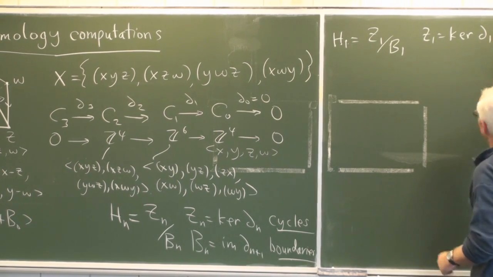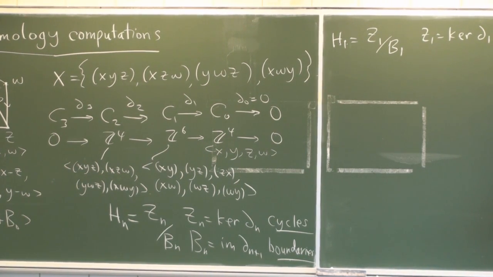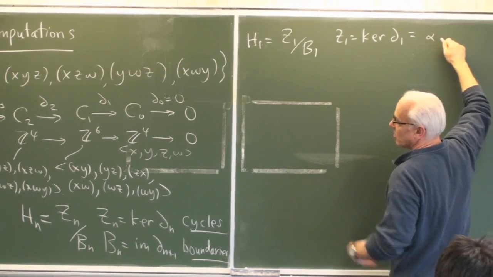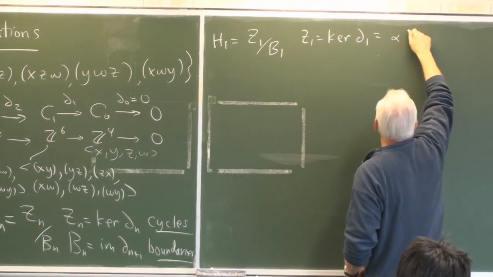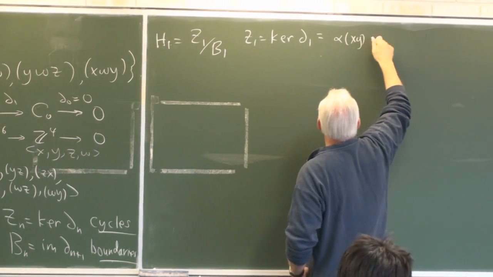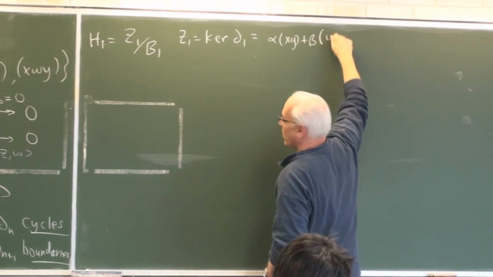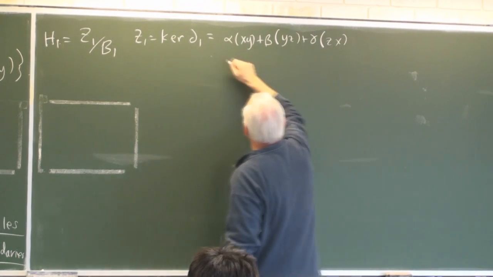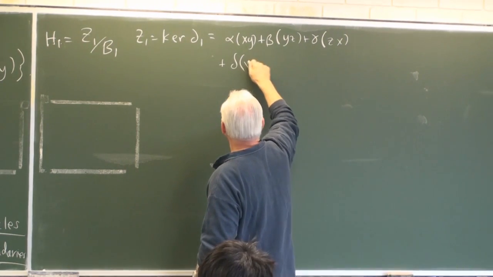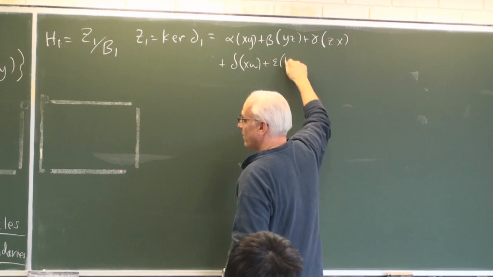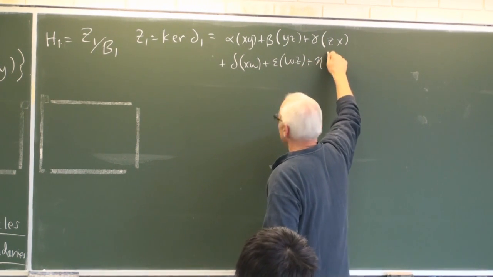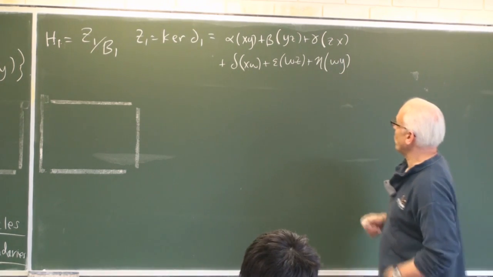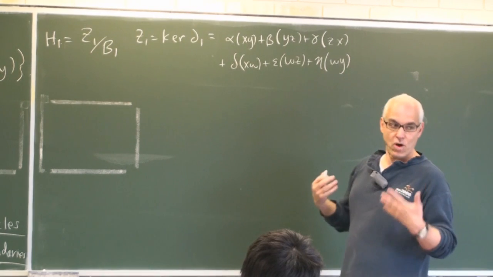Okay, so how are we going to find this out? Let's take a combination of the edges, say alpha xy plus beta yz plus gamma zx plus delta wx plus epsilon wz plus, say, eta wy. That's a typical element in C1, a typical 1 chain.